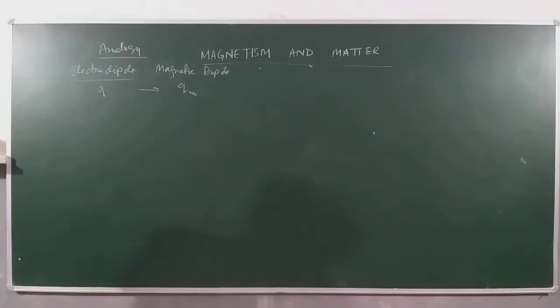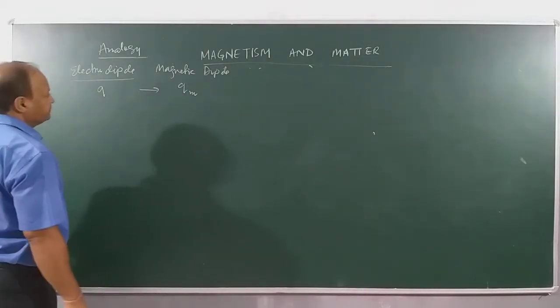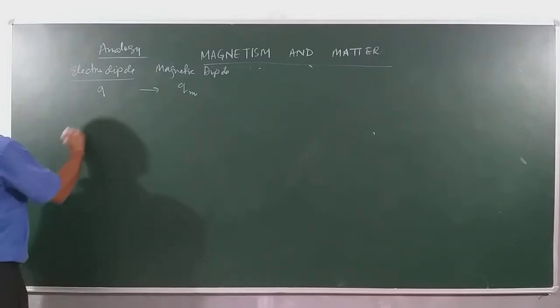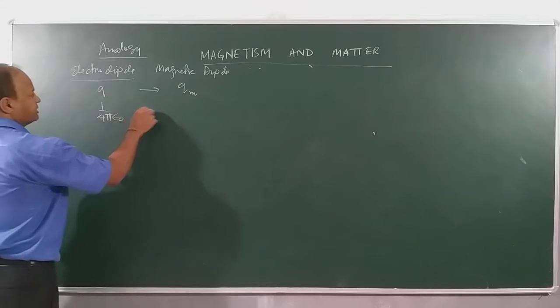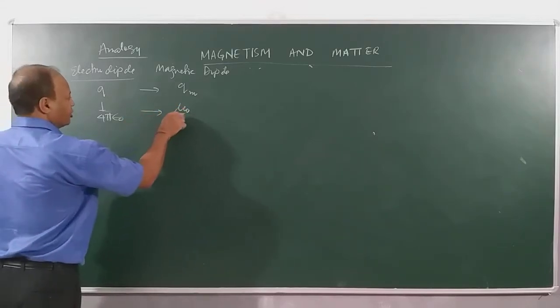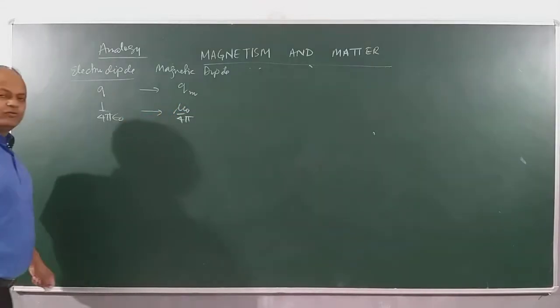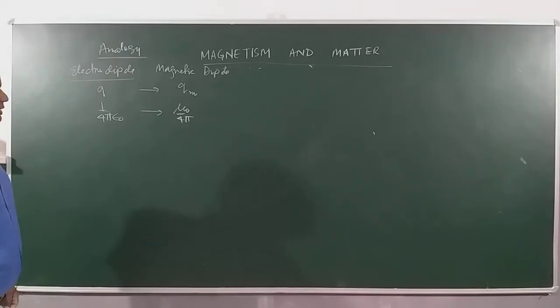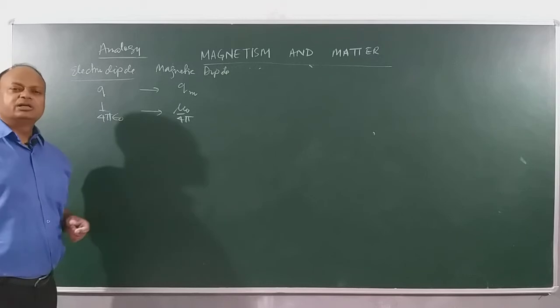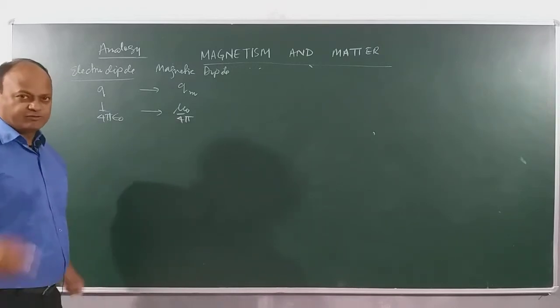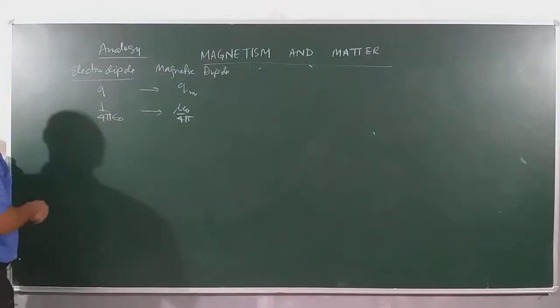Clear? Then 1 by 4 pi epsilon 0 for electric dipole will be the same as mu naught by 4 pi, where mu naught is permeability of free space and epsilon naught is permittivity of free space, both of which I have already done.